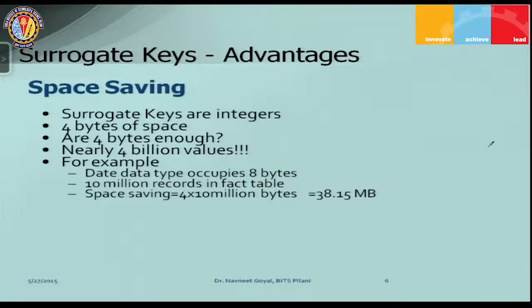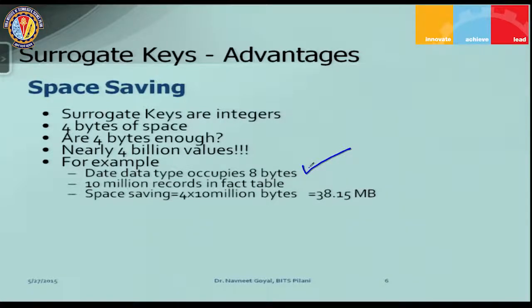Now, for example, suppose a data type that you are using in Oracle or any other RDBMS typically occupies 8 bytes, and there are 10 million records in the fact table.